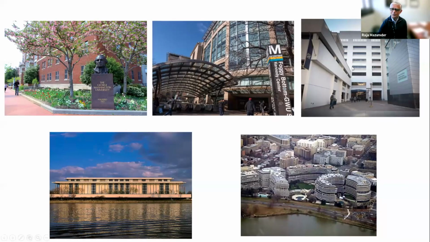This is the entrance to the building that my office is in. And it's 15 or 10 minutes walking distance to Kennedy Center. And also, this is the area where there are a lot of office buildings, also World Bank and other offices.